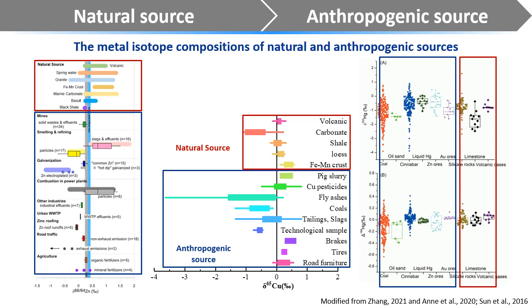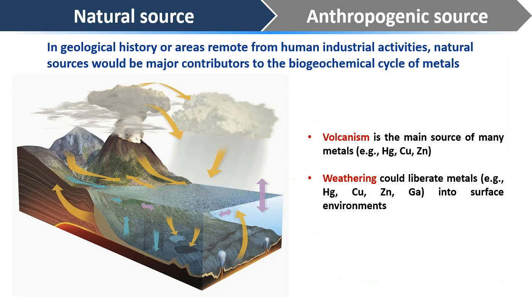The principle to distinguish natural sources from anthropogenic sources is to look at the isotopic composition, because both natural processes and anthropogenic processes produce different fractionation and hence different isotopic compositions in different sources, as you can see here from these three figures for copper, zinc, and mercury isotopes.